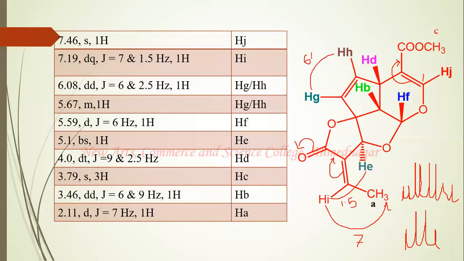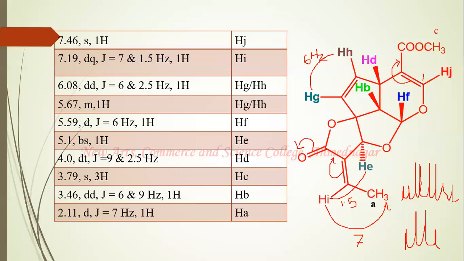But here it is not very clear which proton is giving this signal, whether it is Hg or Hh. The reason is that if we consider this as the Hg proton signal, Hg can couple with this Hd proton by allylic coupling, and that can be 2.5 Hertz.